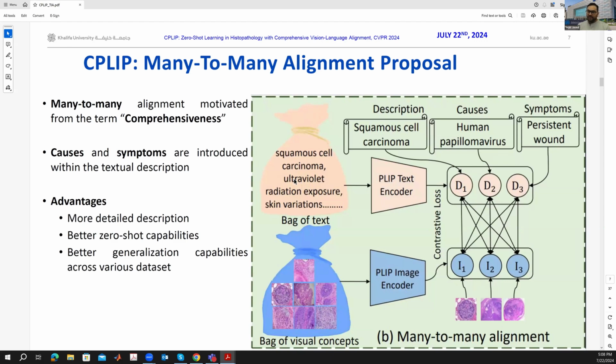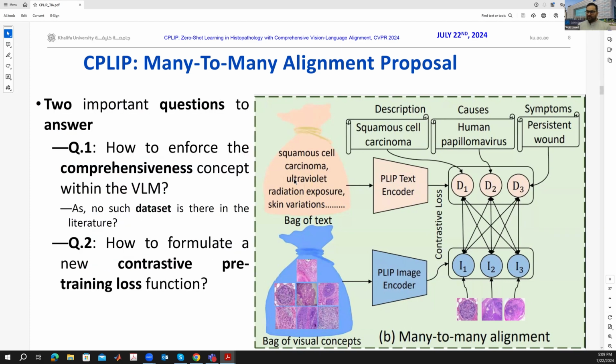The advantages here are threefold. You will get more detailed descriptions, you will get better zero-shot capabilities, and you will get better generalization capabilities across various datasets. And we have shown in this work that it has outperformed many vision language models in the literature.